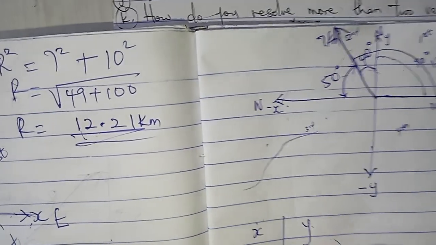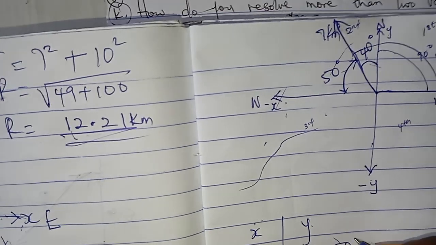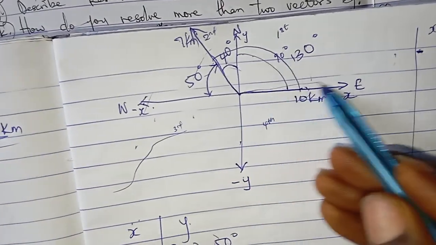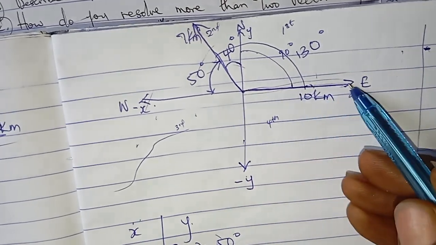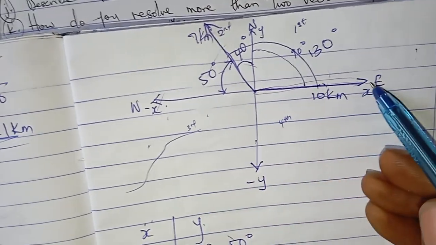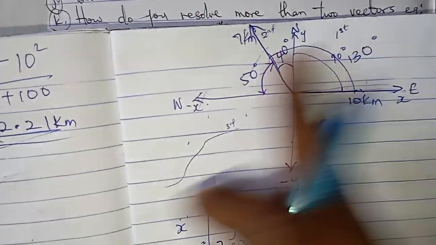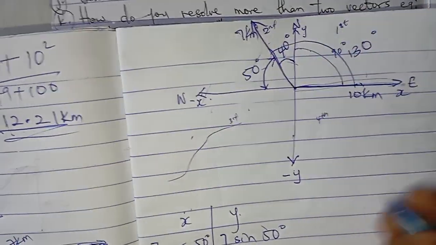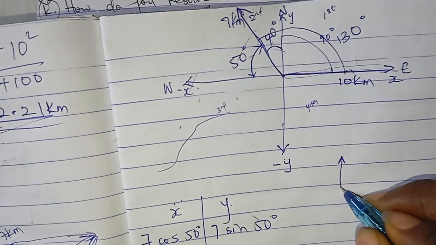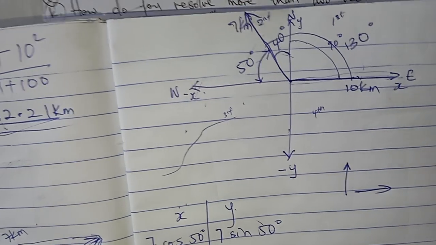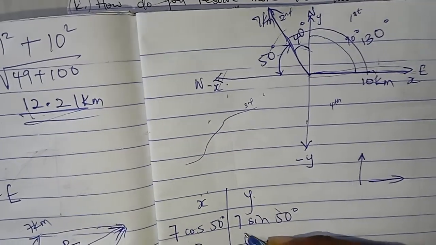So it will be 7 sine 50 degrees. Then let's move to the next one. There is another value given to us here, which is 10. Notice that this 10 is only on the east, on the x-axis. I come and put 10. I don't have that 10 on y, because anything here is only for y, anything here is only for x. So I just put 0 here.